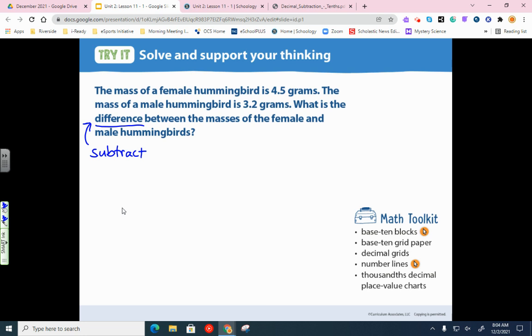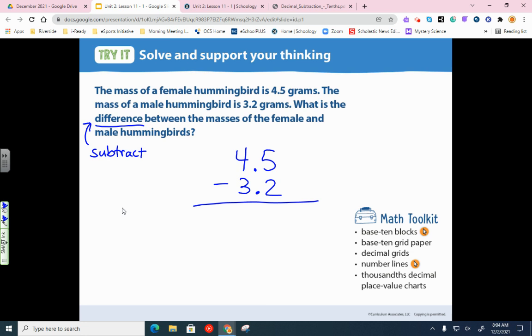Now, with word problems, a lot of the time it doesn't set up the problem for you right away. You have some freedom to set it up the right way. So if you know right away it's a subtraction problem, put your larger value on top, which in this case is 4 and 5/10 grams, and then put your smaller one right below, 3 and 2/10 grams.